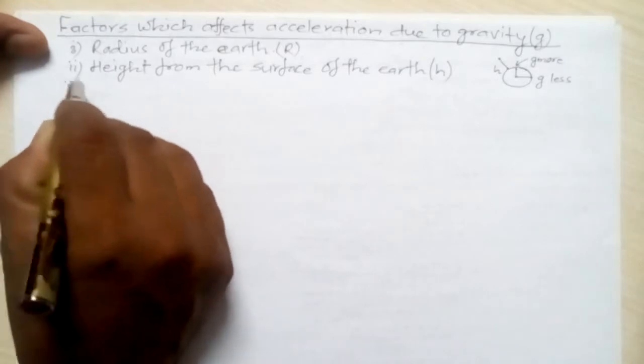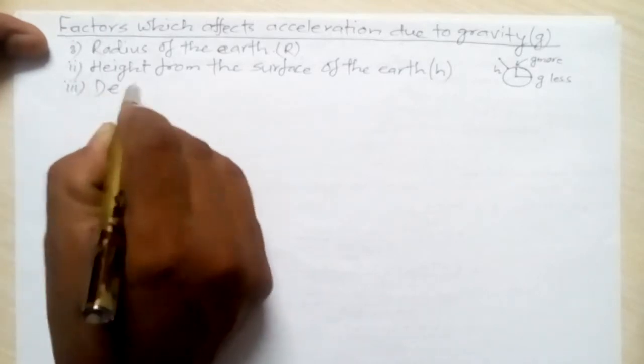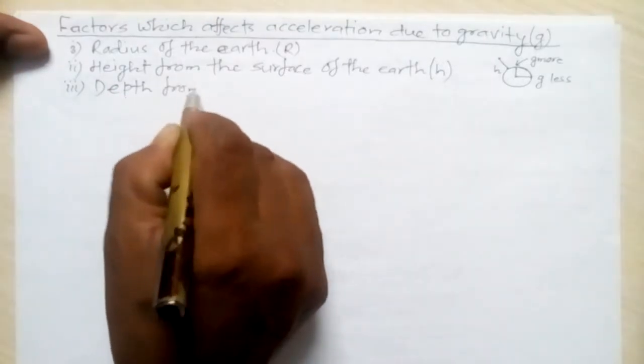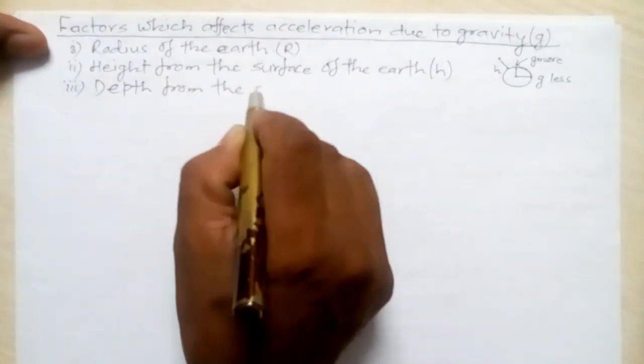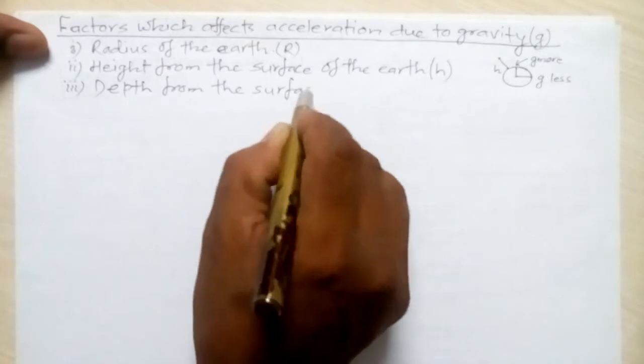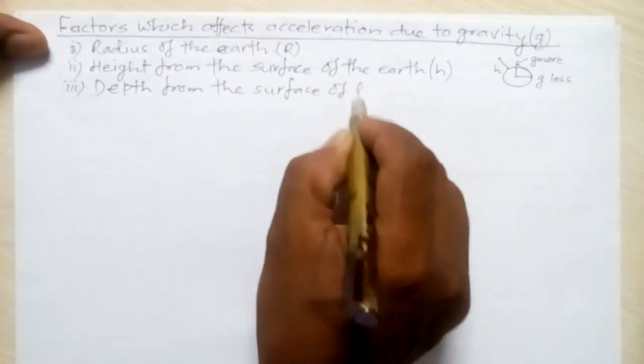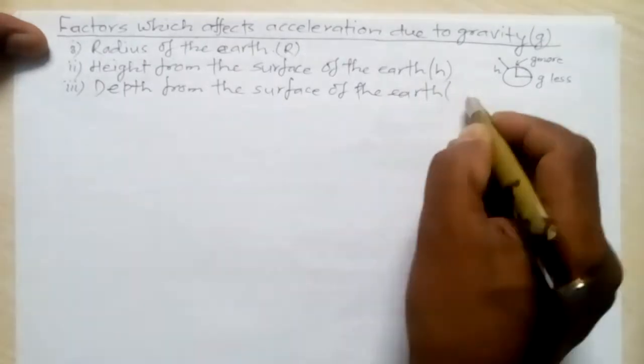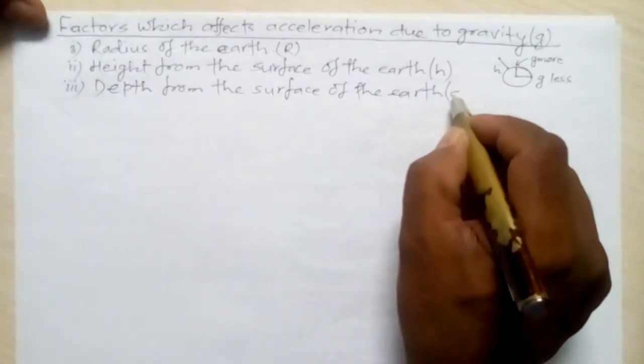Number three, third factor, depth from the surface of the earth, which can be denoted by d.